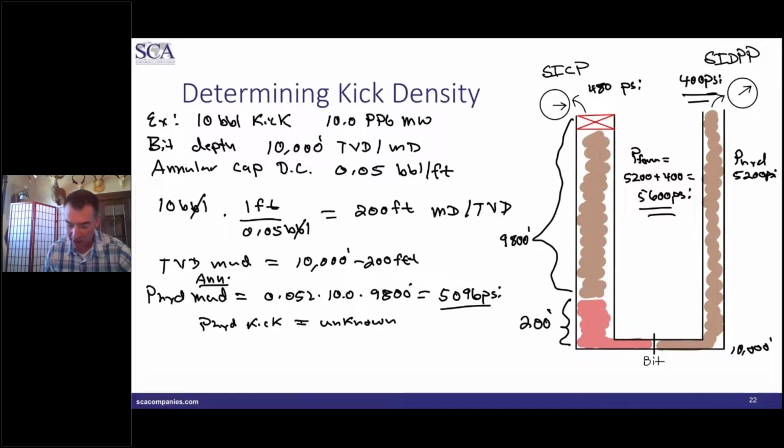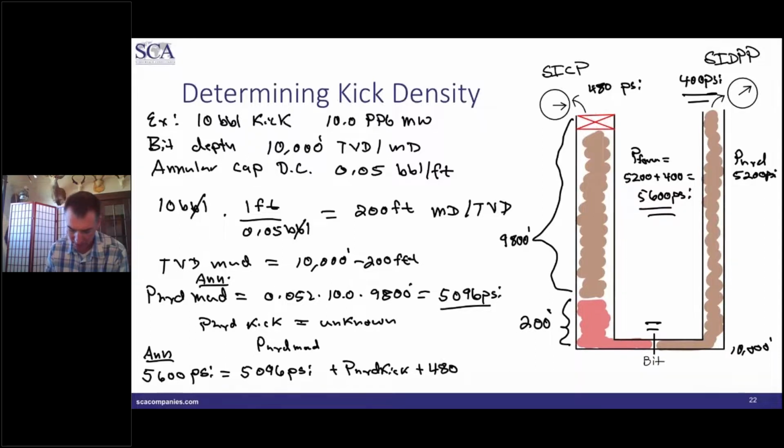So now I can determine the hydrostatic pressure of the kick, because I know that the total pressures are equal on both sides. So I know on my annulus side, I've got 5,600 psi equal to 5,096, this is the hydrostatic pressure of my mud on my annulus side, plus P hyd of my kick, plus my shut-in casing pressure at 480 psi.